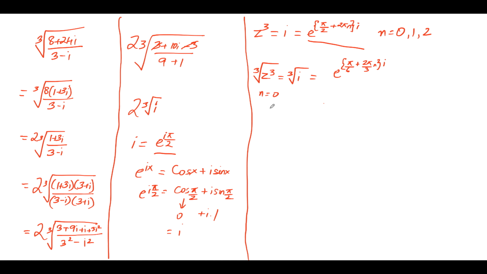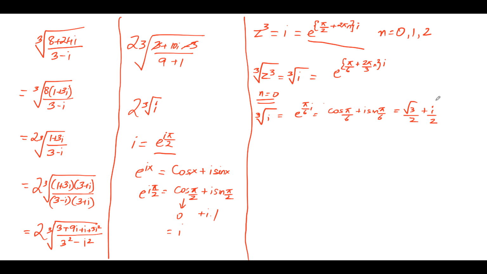So when n is equal to 0, we can say that the cube root of i works out to be e power pi by 6 i, which is nothing but cos of pi by 6 plus i sine pi by 6, which is nothing but root 3 by 2 plus i by 2, right?